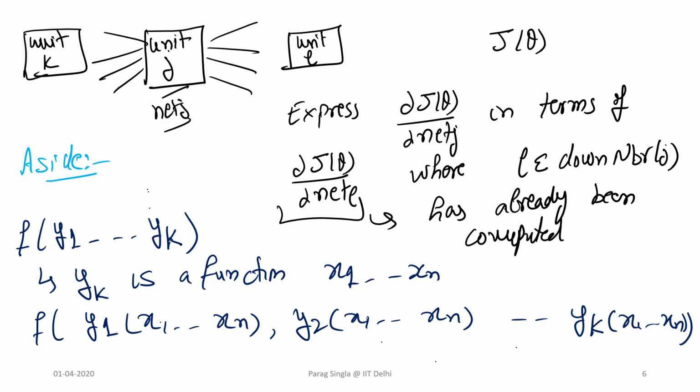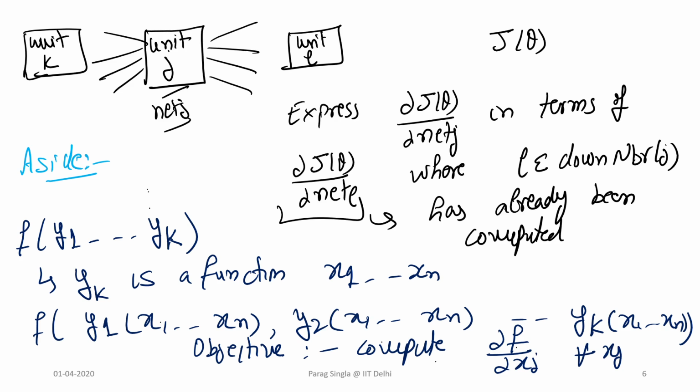Let us say our objective is to compute the partial derivative of f over the partial derivative of xj for all xj.